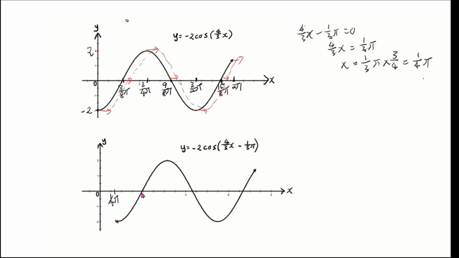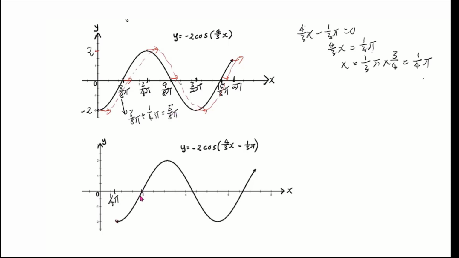Next, for the x-intercept, before shifting, it is 3 over 8 pi. After shifting means we plus 1 over 4 pi. When we plus 1 over 4 pi, we will get 5 over 8 pi.